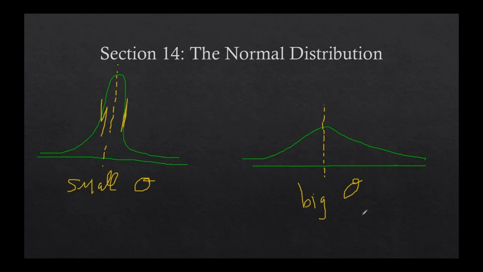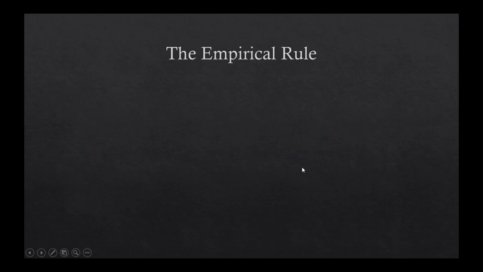So, okay, let's get into the empirical rule. Sections 14 and 15 both deal with the normal distribution and finding probabilities. The difference is that section 14 talks about the empirical rule, and the empirical rule is an approximation, and that is a big thing to remember.